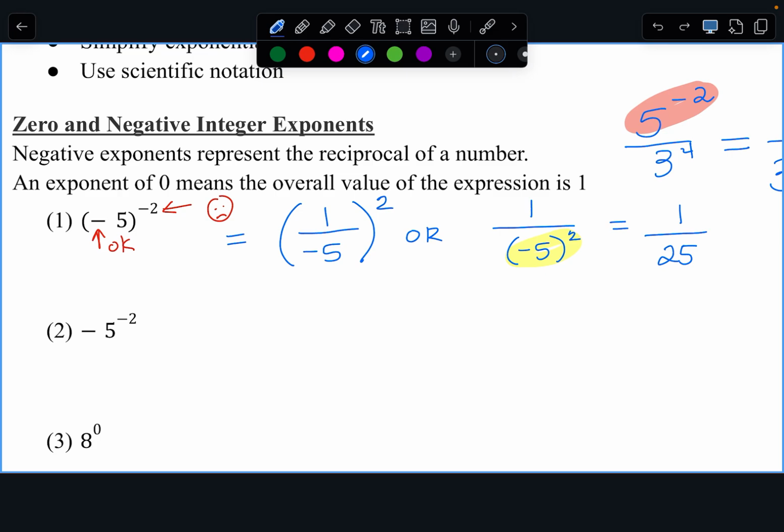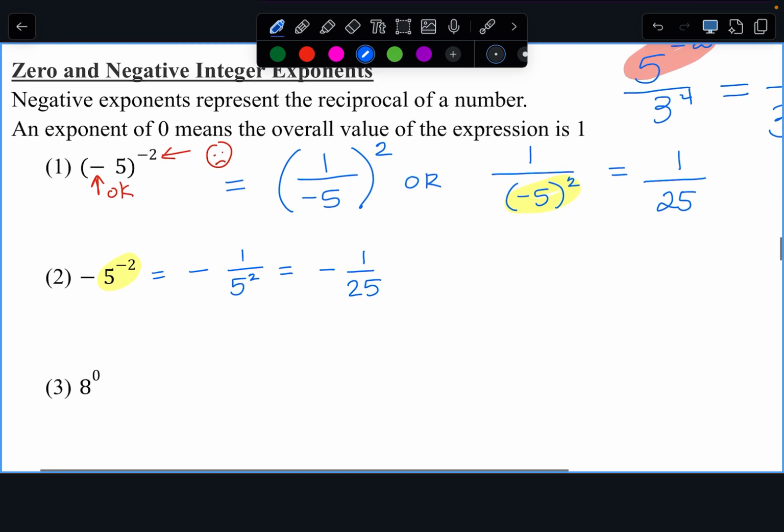Number 2 is saying that only the 5 is being flipped and that negative is staying out in front. So this means negative 1 over 5 to the second. Now that is negative 1 over 25. Okay?